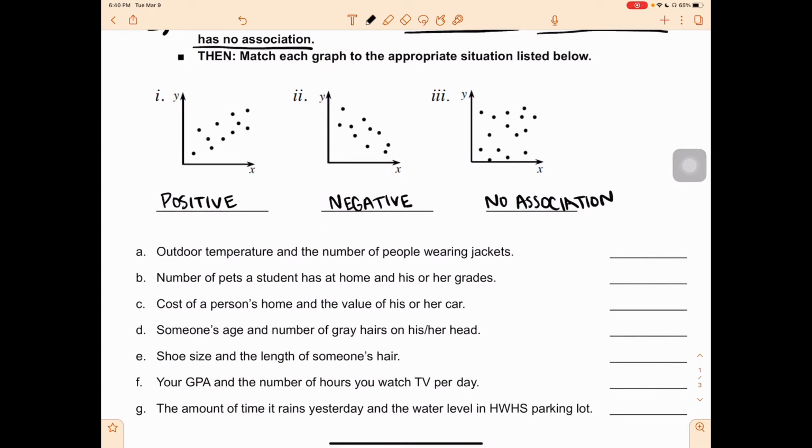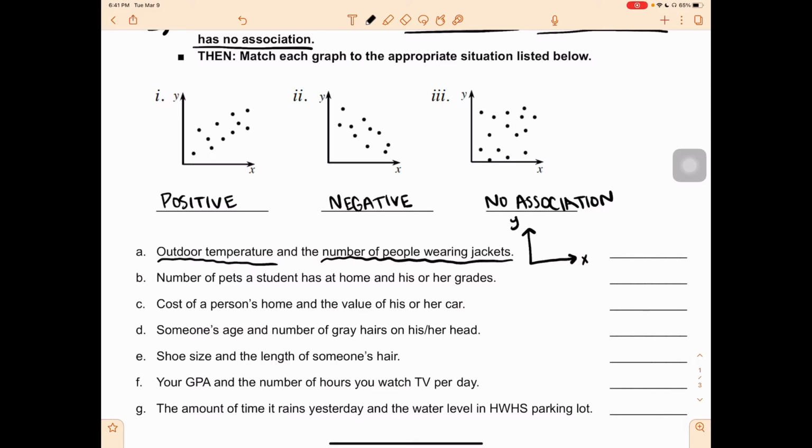So part A says outdoor temperature and the number of people wearing jackets. So we want to compare if the temperature outside has an effect on the number of people wearing jackets. Well, if it gets colder outside, I feel that more people would be wearing jackets. Okay, so let's say I draw a little XY here.